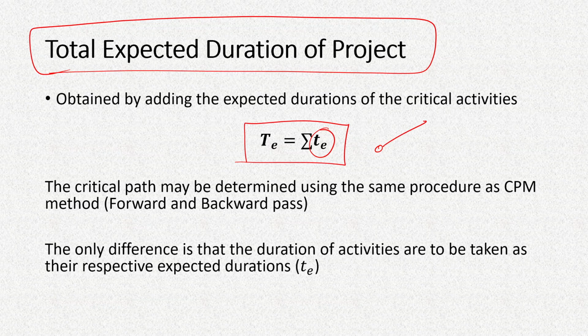Suppose if we have a network like this, then if this is the critical part and this is the non-critical part, then we'll have to use the expected durations of the critical part only, the critical activities only, and not the non-critical ones.